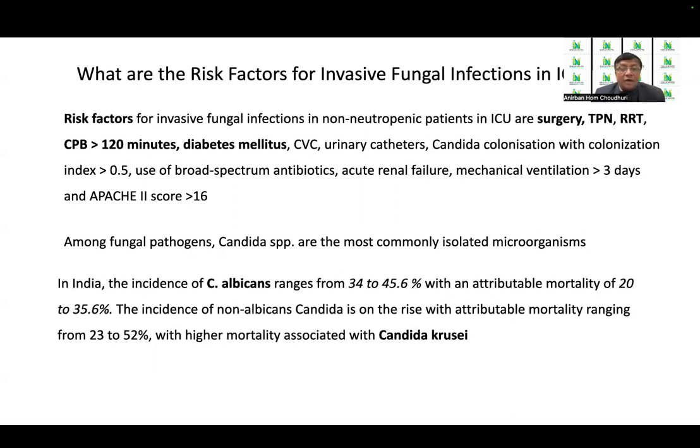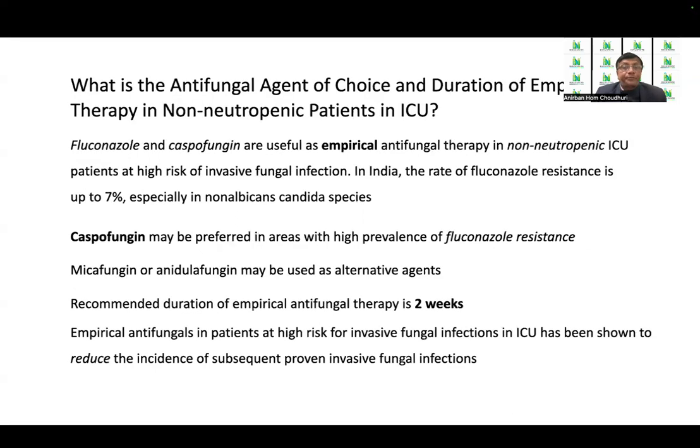The incidence of non-albicans Candida is on the rise, and it has an attributable mortality which is even higher than Candida albicans, and the higher mortality is seen with Candida krusei, and of course the recent threat to most Indian ICUs from Candida auris. So what is the antifungal agent of choice and duration of therapy?